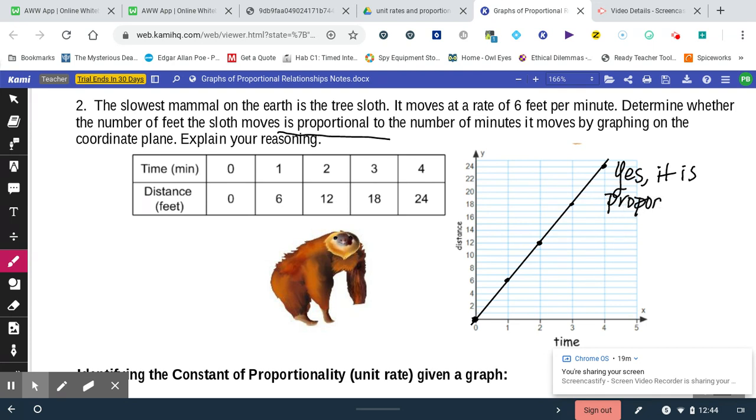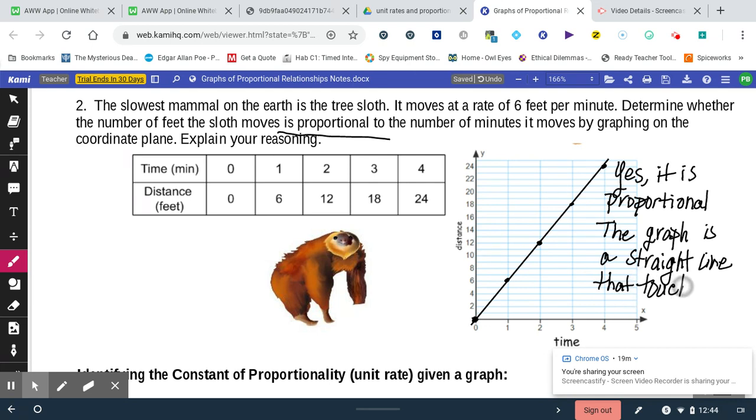Why is it proportional? Just by looking at the graph, because the graph is a straight line that goes to the origin, or I can put that touches the origin. That's why.